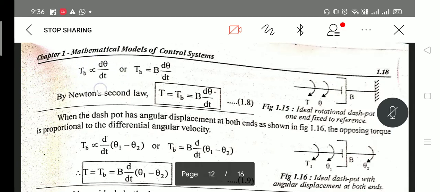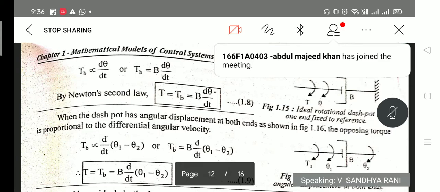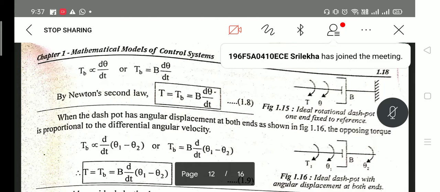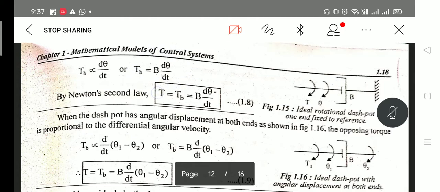Tb is proportional to the angular velocity, just as in the translation case the dashpot force is proportional to the velocity. That is d theta by dt. So taking the proportional constant B, Tb is equal to B d theta by dt.